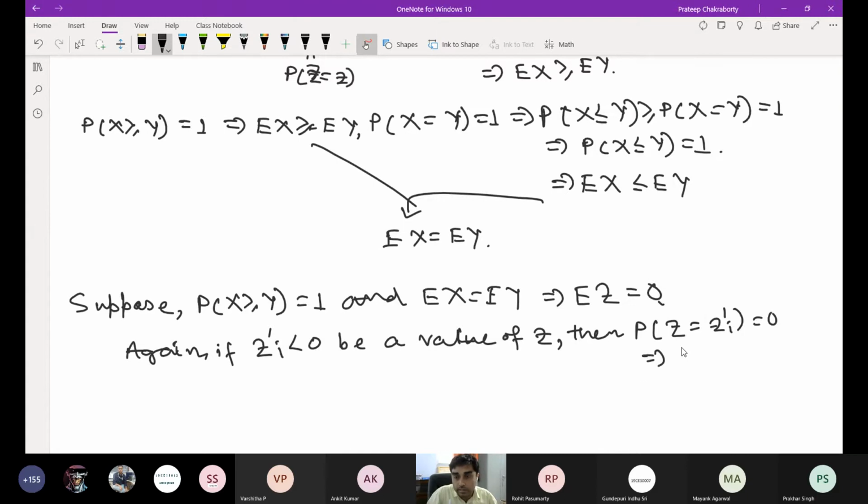So that implies f(zi prime) is equal to 0.